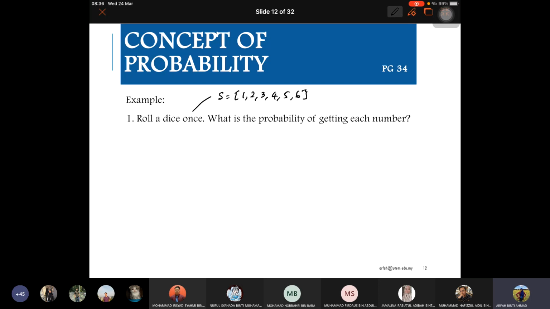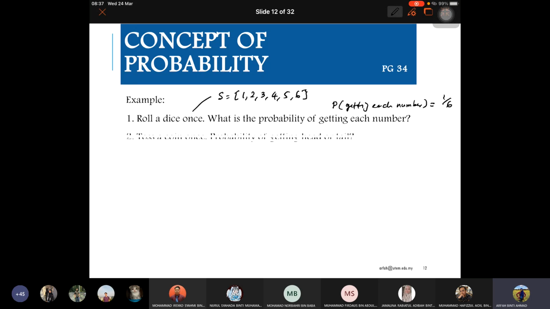Dapat nombor 3 berapa? So, probability of getting each number sama dengan berapa? 1/6. Okey, betul. 1/6. Sebab ada 6 nombor. Dan kebarangkalian kalau awak lambung tu dapat setiap satu nombor tu is 1 kali. So it will be 1/6.